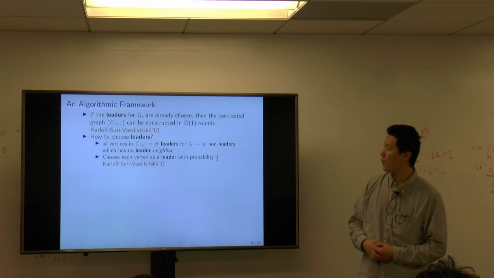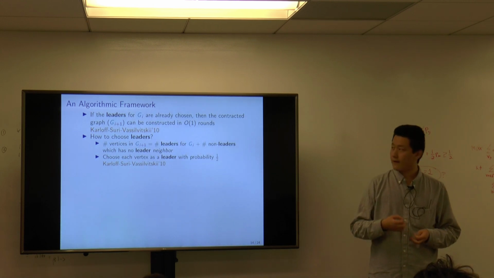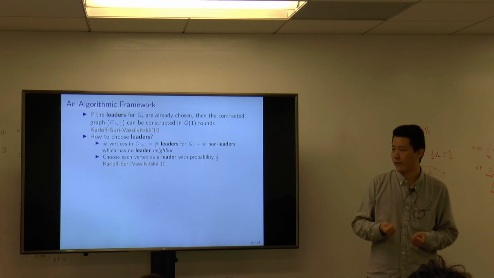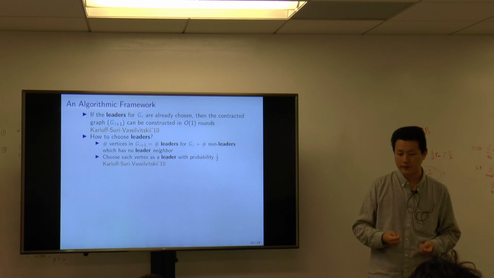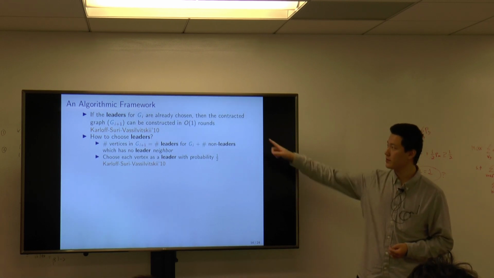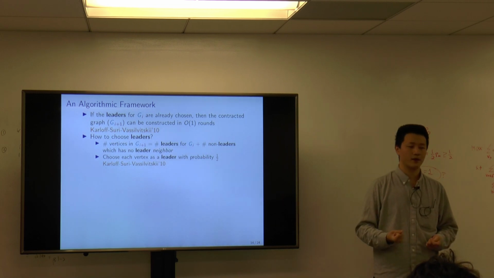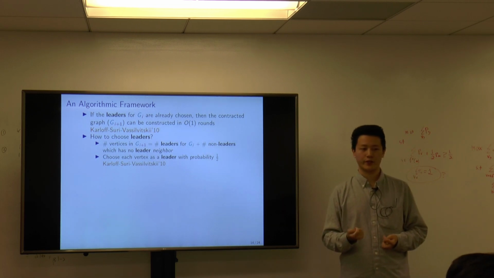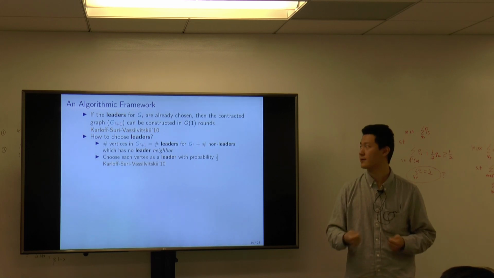So we want to choose a small number of leaders, and at the same time, we want to make the number of non-leader vertices which have no leader neighbor small. In the original paper, they choose each vertex as a leader with probability 1/2. In this case, in each iteration, you always have a constant fraction of the vertices as leaders.